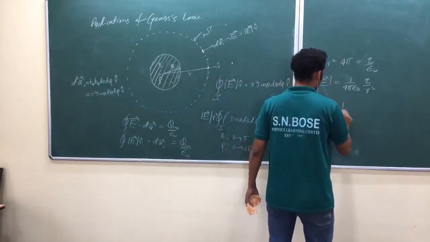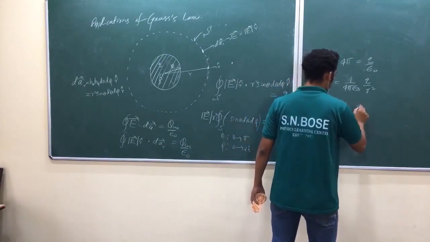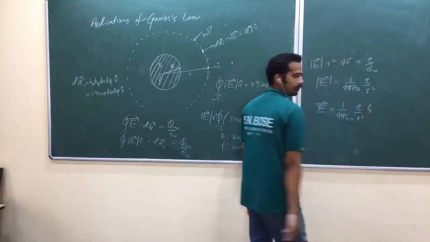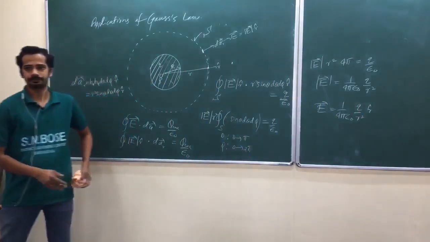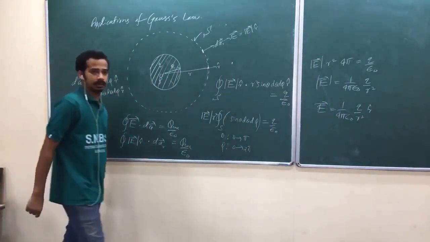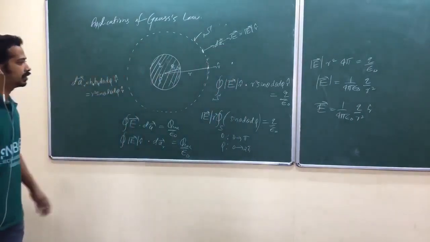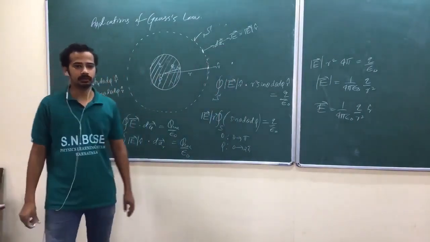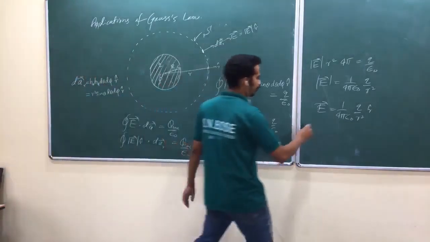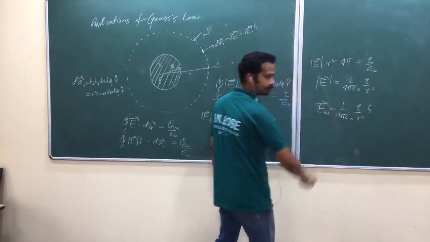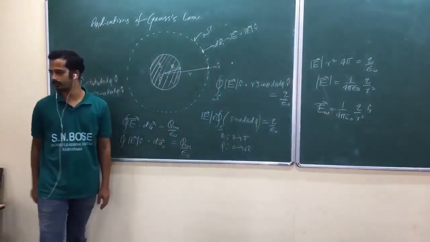Electric field vector is 1 by 4 pi epsilon naught Q by r square, and we already know it is along r. Outside, okay? Electric field outside the uniformly charged solid sphere. Better write outside. Inside it will be different. We shall show that one.